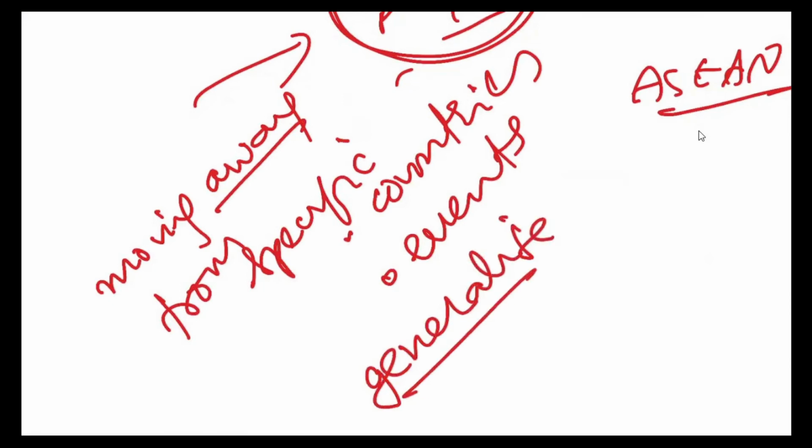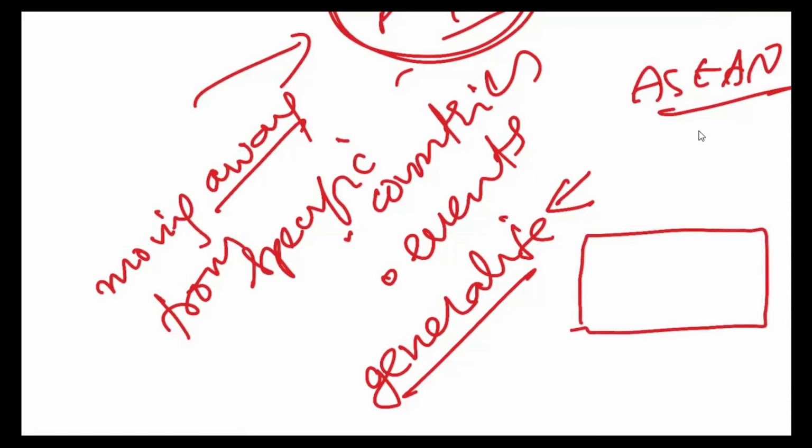And when you generalize, for example, suppose you know that a multipolar system works in this particular way. If you generalize that a multipolar system works in this way, then you get an understanding of the entire world, of international politics. But if there is a multipolar system in a particular sub-region, then that is also right.